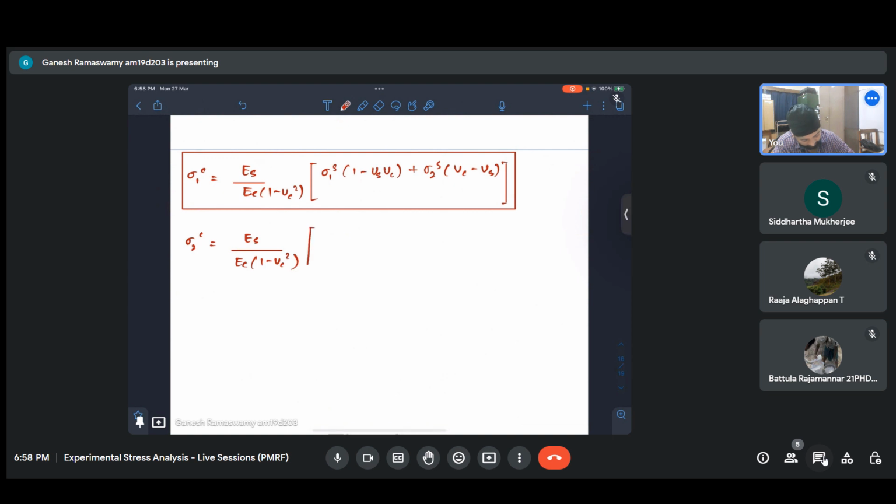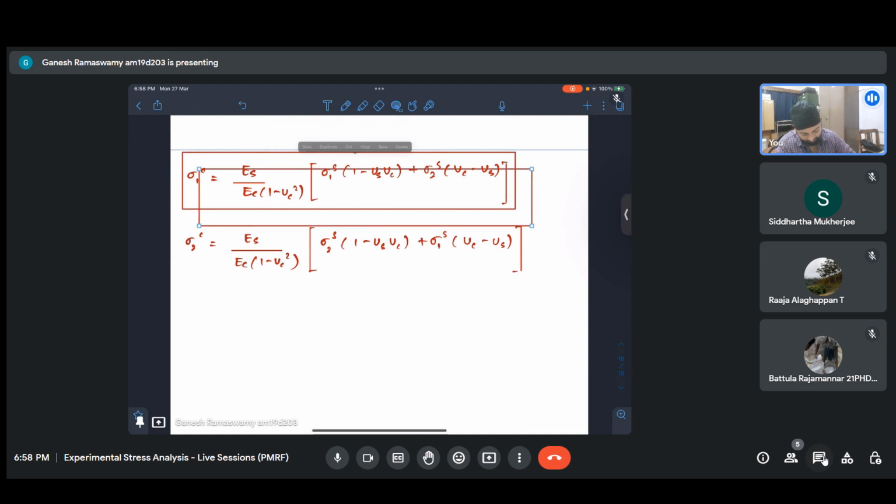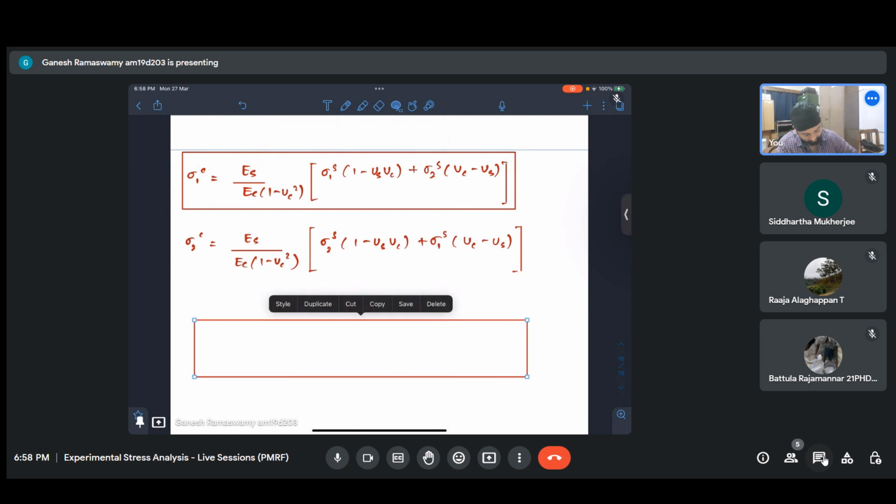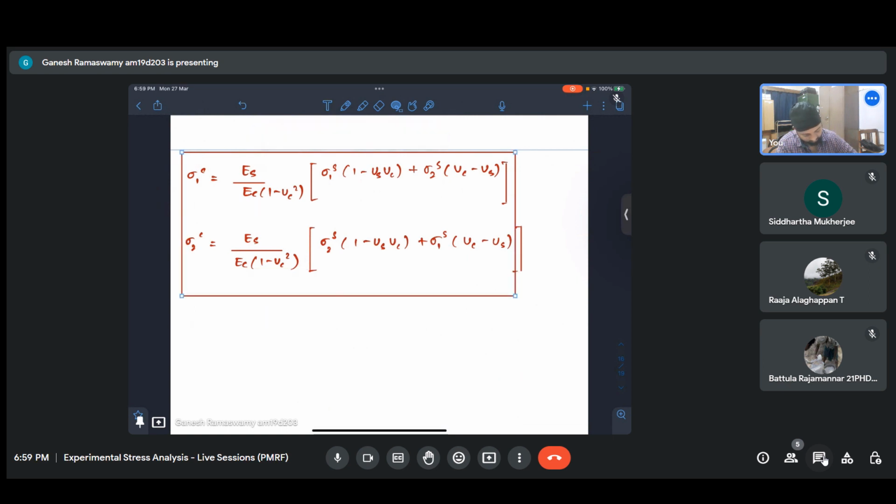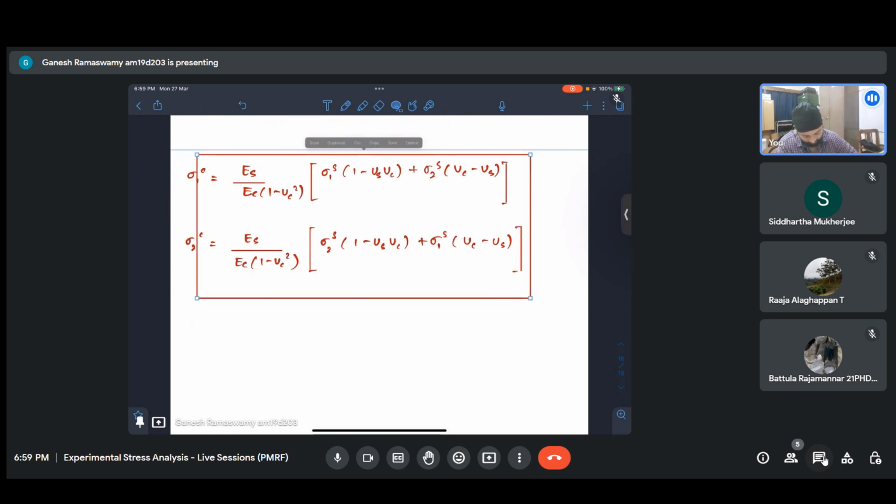So the positions will just flip, 1 minus mu s mu c plus sigma 1s into mu c minus mu s. So this is what you will essentially get. These are the two relations we will get.